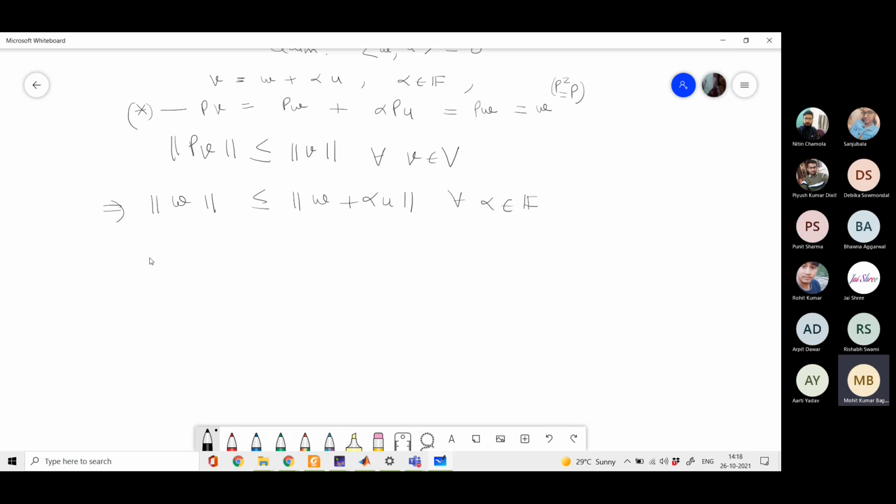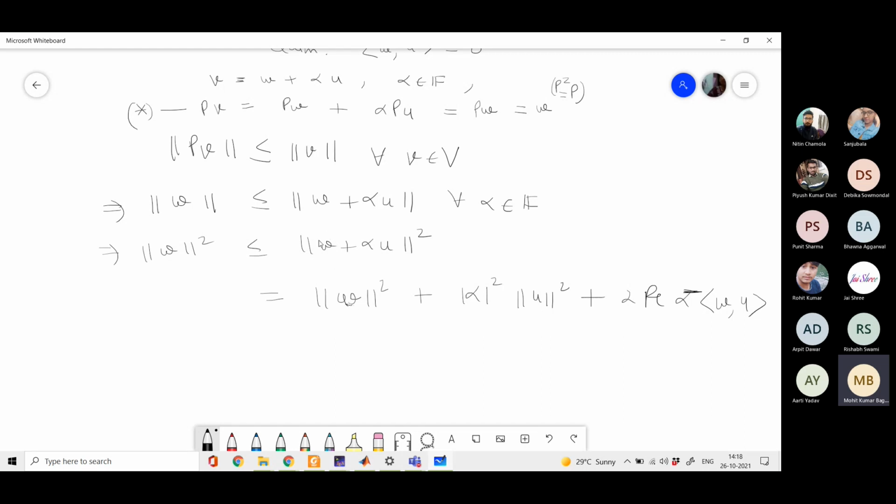You can square both sides, so you can write norm of W plus alpha U squared. Now you can open this. I'm writing here for you, you have to verify each and every step, where this is W and U. Is that fine?